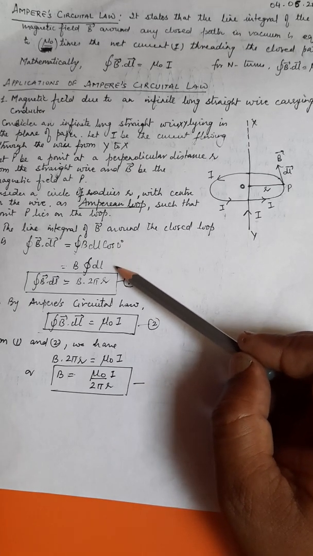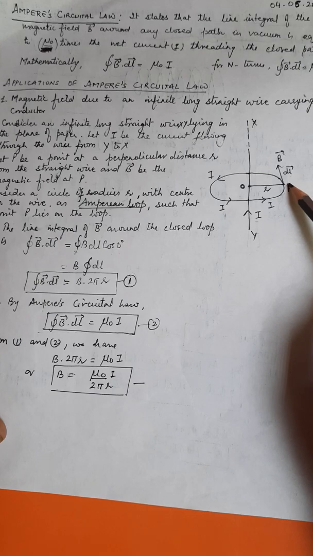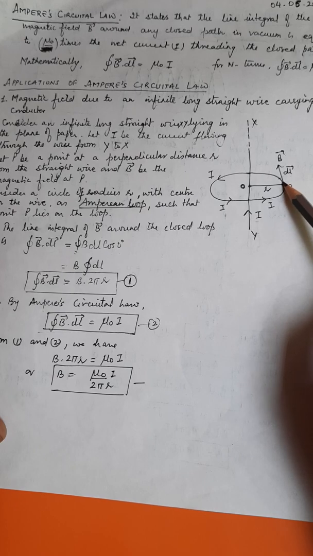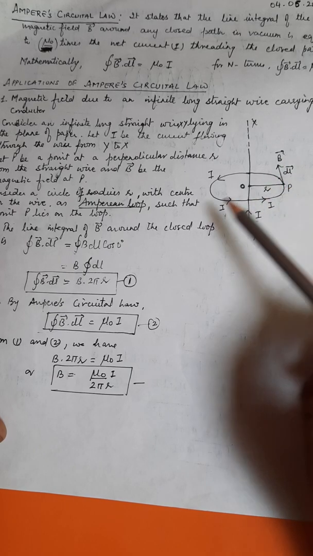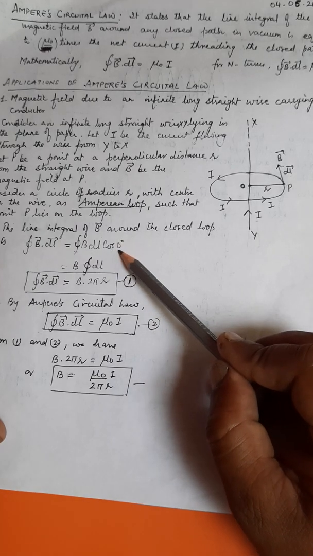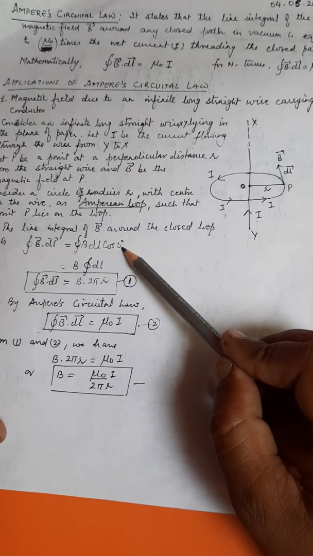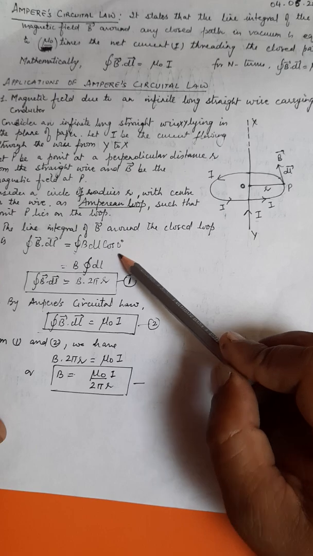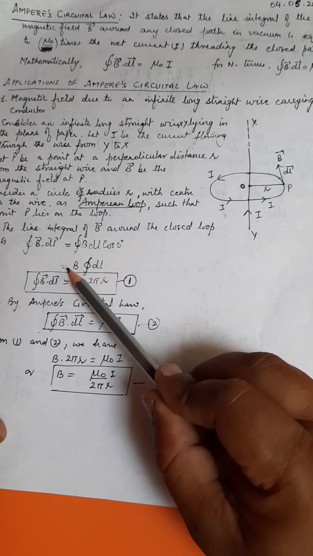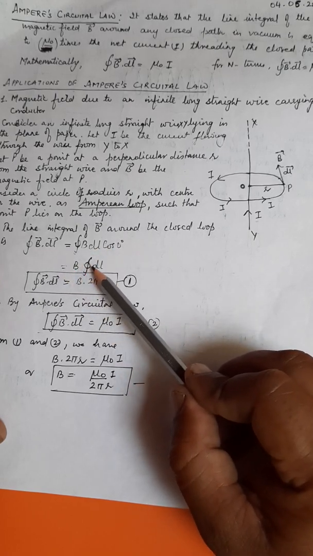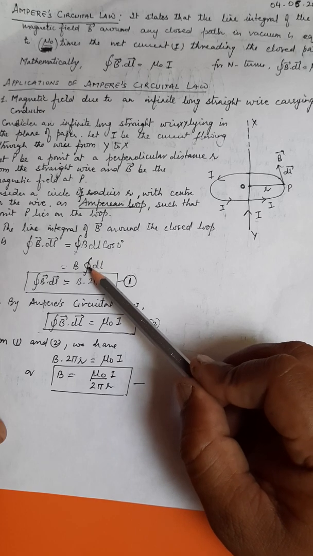Because if we take a small portion dl of the Amperian loop, the direction of B is the same, so 0 is the angle between B and dl.